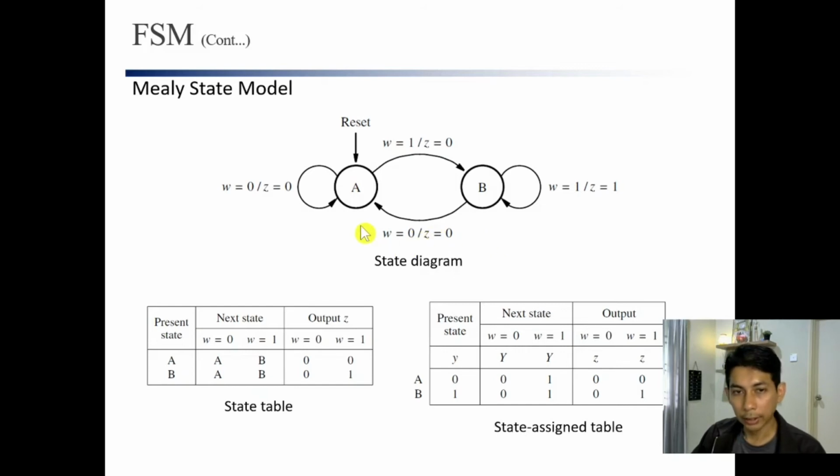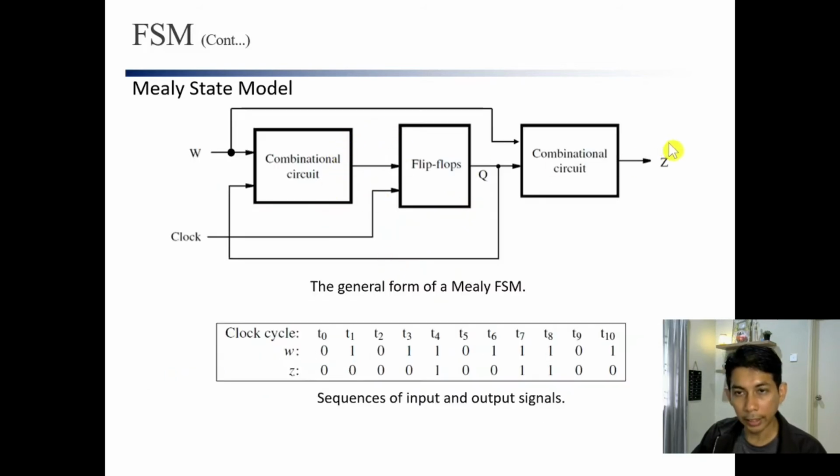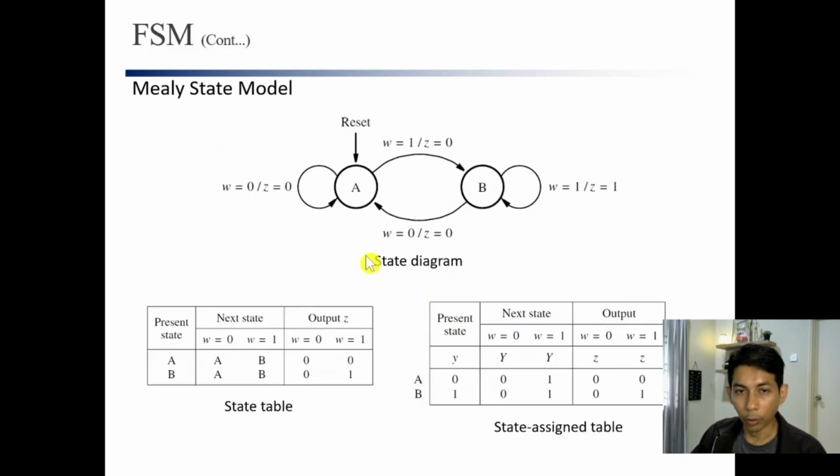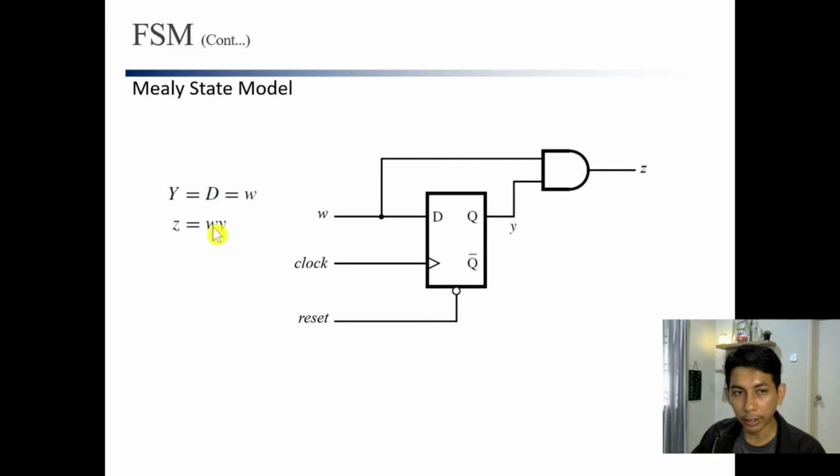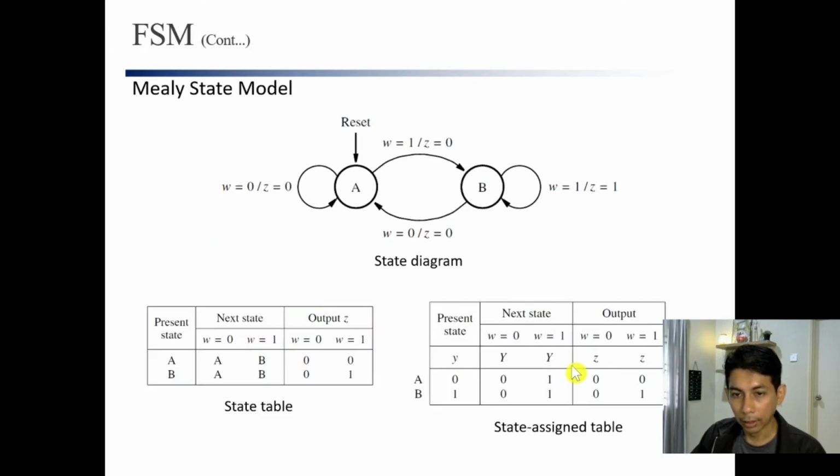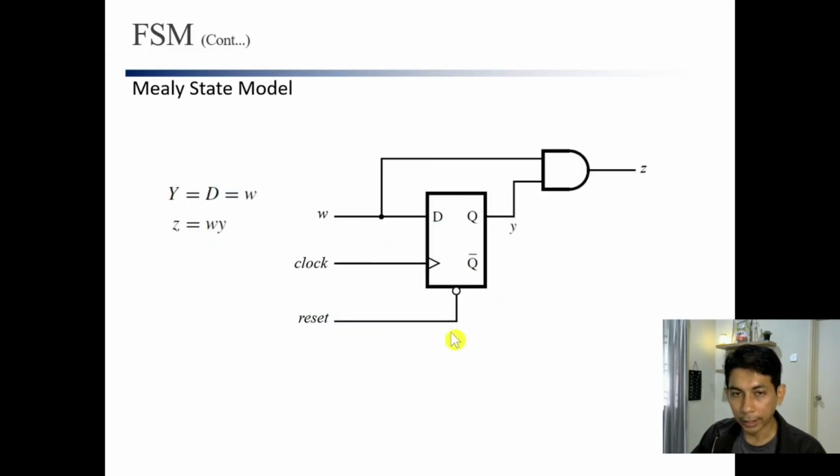And the process of generating this signal and this signal is pretty much the same as the Moore state machine, where you need to have your state table and the state assigned table, and from this you generate the signal Y and also signal Z. This is actually very simple for the Mealy state diagram.